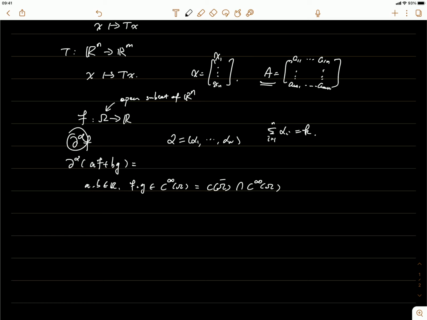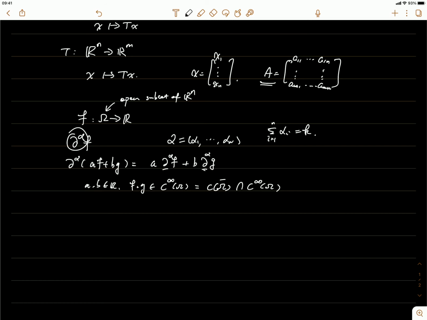This is smooth. So in this case, we have a times the partial derivative of f plus b times the partial derivative of g. Okay, so it's like that.